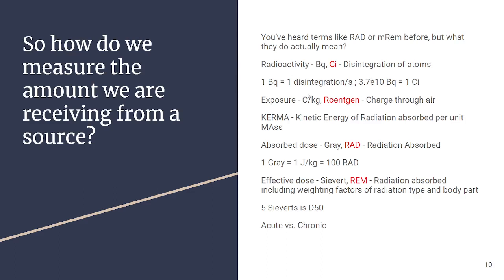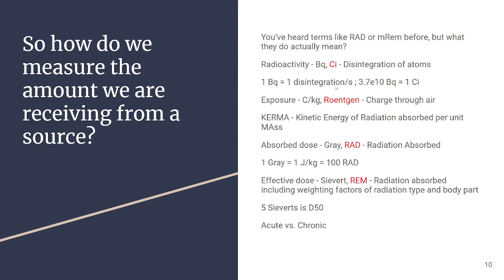So the most basic unit is the activity, or radioactivity. These are going to be in becquerels or curies. Curies are the US unit, and becquerels are the international. Becquerels are pretty intuitive. It's just 1 disintegration per second.